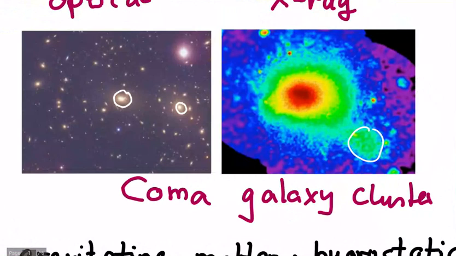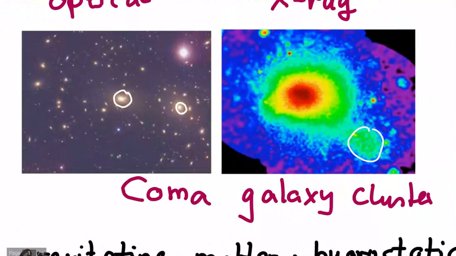Now, the fact that there's two of them indicates that the system is not completely relaxed, but very likely is still showing some evidence for the disturbance due to the collision or the merging event of two galaxy clusters, which form today a gravitational bound system, which we would call the Coma cluster.